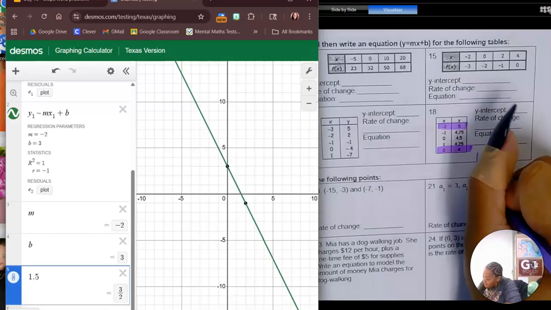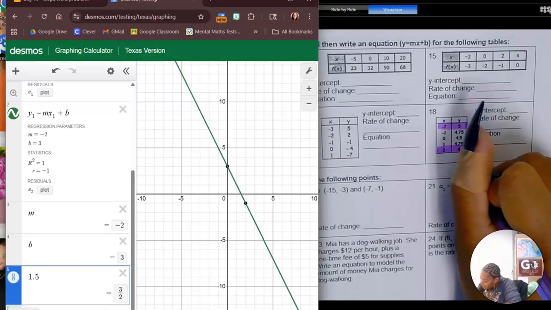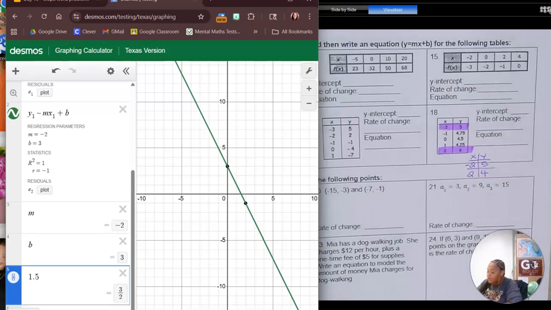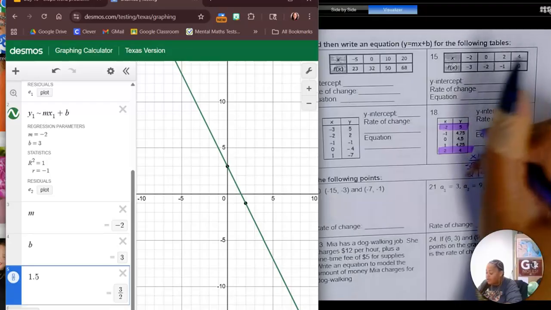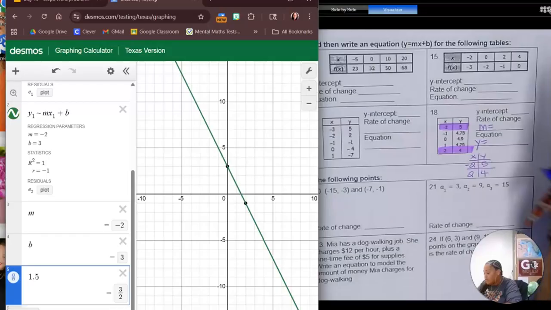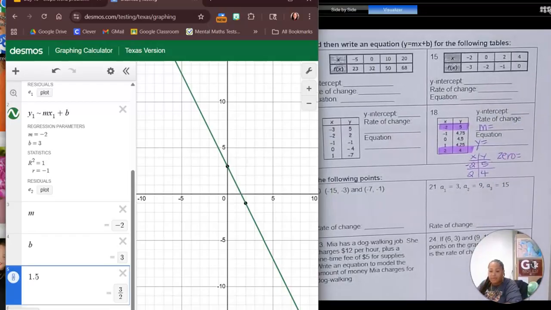So what your table is going to look like is x, y, 2, 5, and -2, 5, and +2, 4. So this can go into Desmos, and then you'll have your y-intercept, which is your b, your rate of change, which is your m, and your equation, which is y equals whatever. And then if you want to be fancy and get the extra credit, write the 0 down there as well.